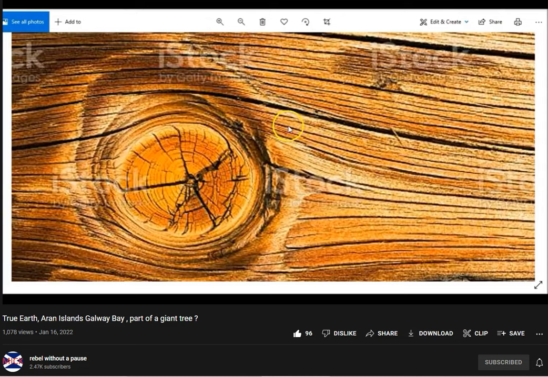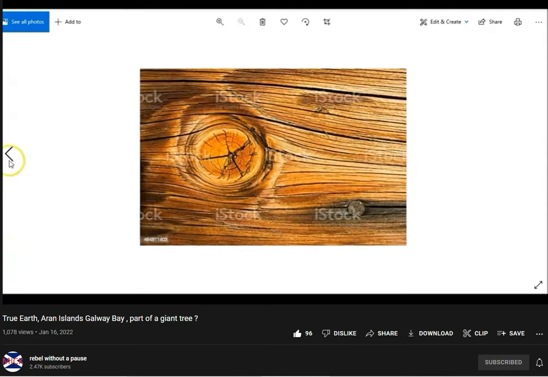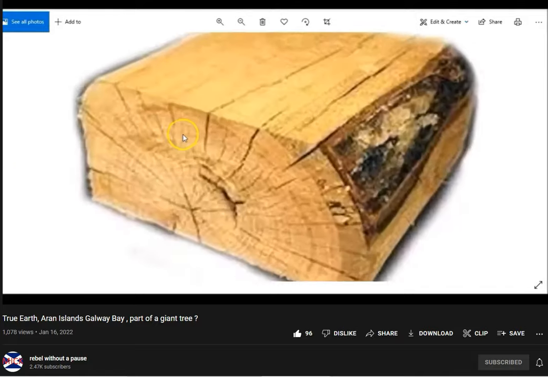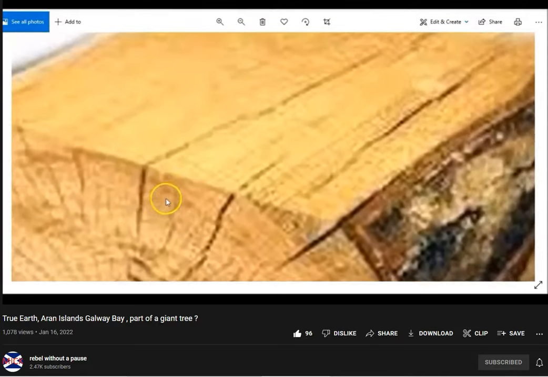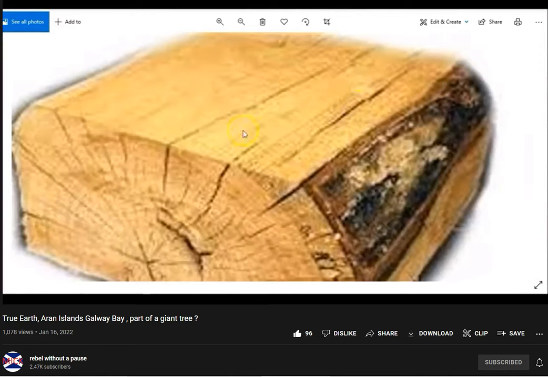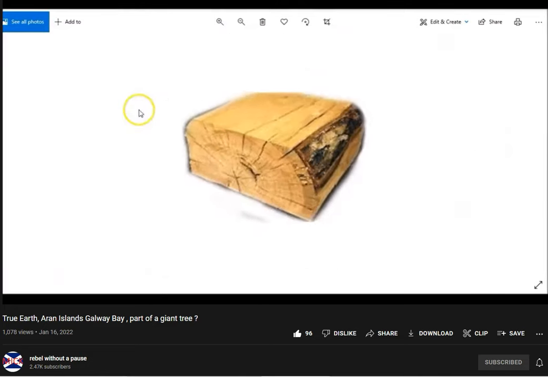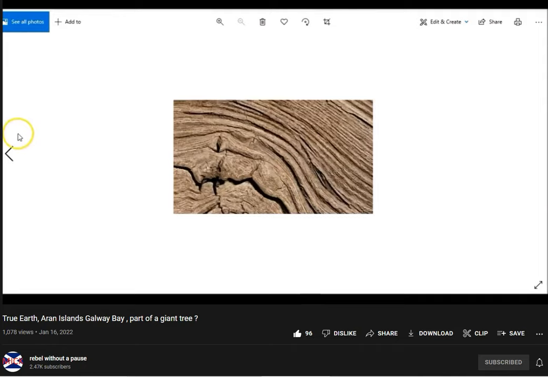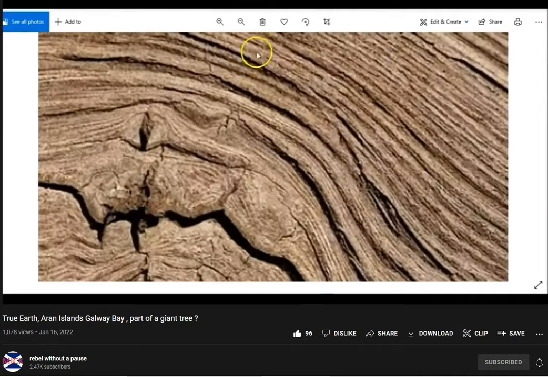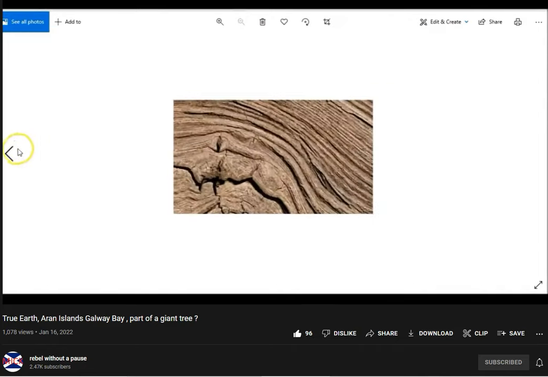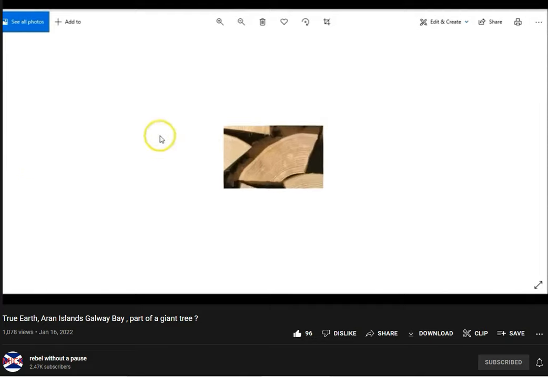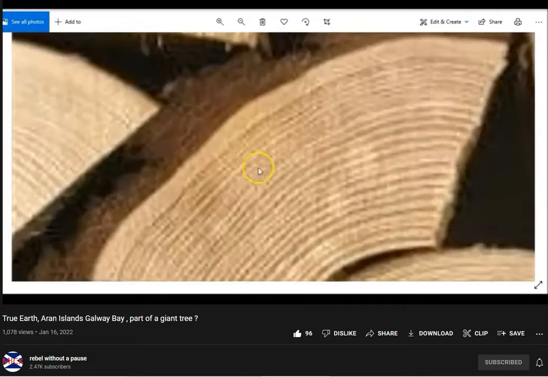Again, the same thing applies here. And this also shows you the cracks along the length of some of these trees. And we find lots of cracks on the surface of the earth. Again, the same thing. Right, so this is what I'm saying.